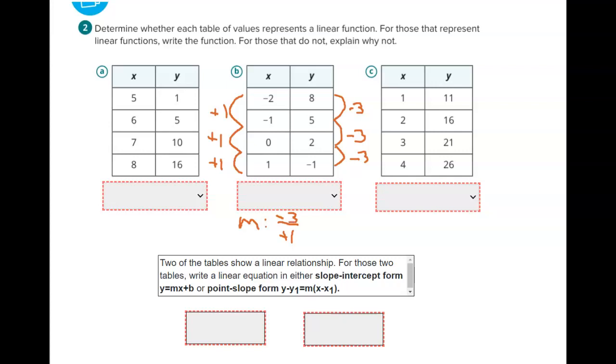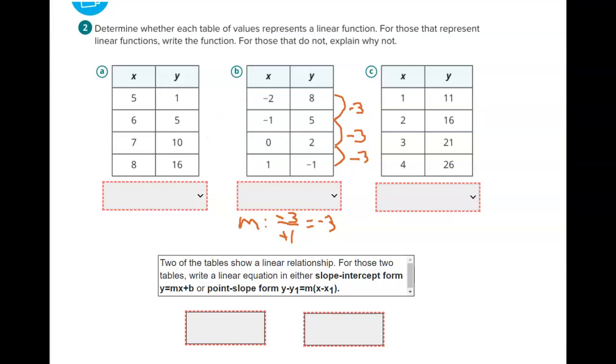So a decrease of 3 on the vertical axis and an increase of 1 on the horizontal axis. And that slope simplifies to -3. I'll let you do that process for this table on your own. But this one, since we have a consistent increase between all the points, we know it's linear. So because it's linear, we are tasked with writing the equation.